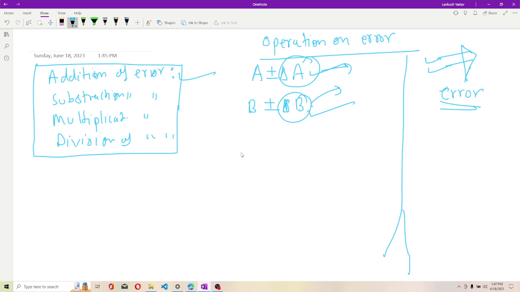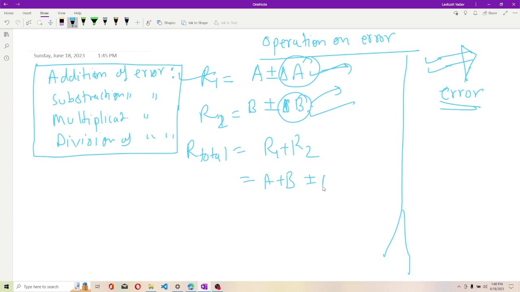Suppose R1 is equal to this one and R2 is equal to this one. Now if I say R total is equal to R1 plus R2, that is A plus B, there is no problem in that, you can easily add it. But the problem is here, plus minus delta A plus minus delta B.